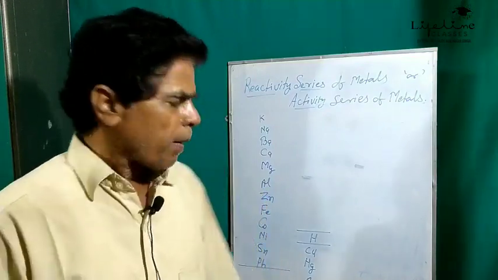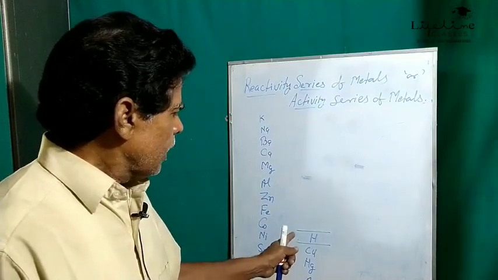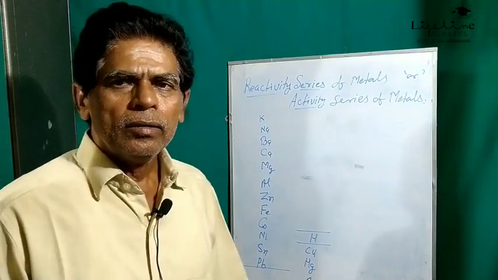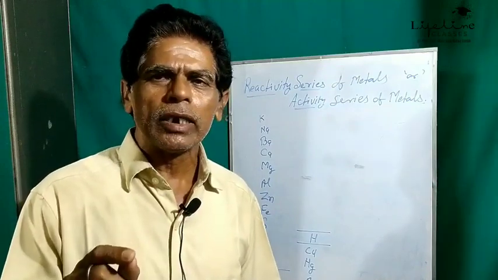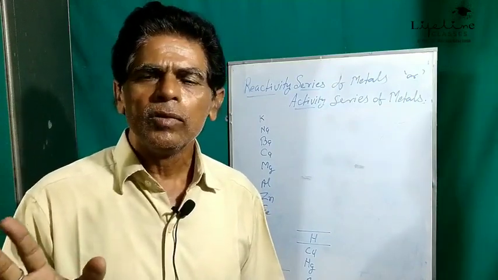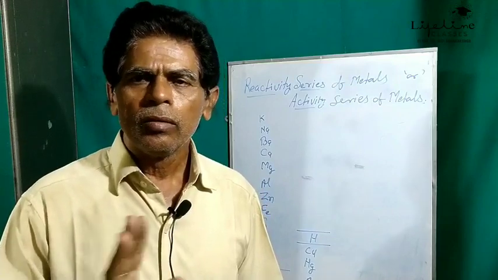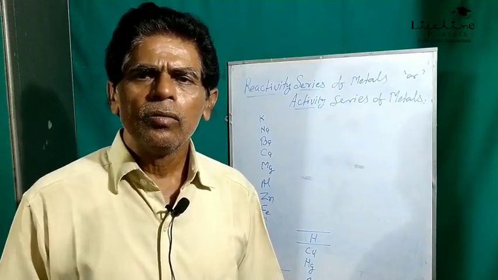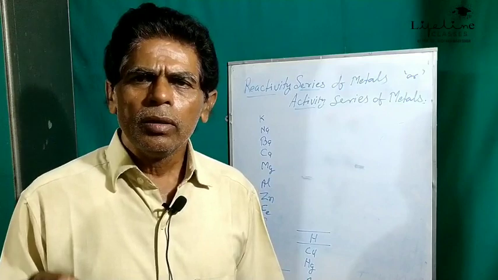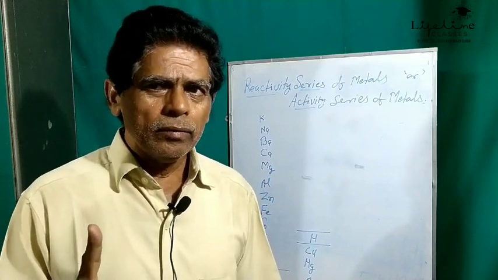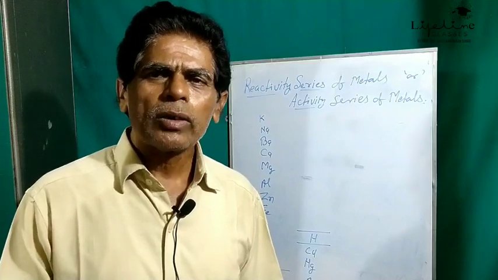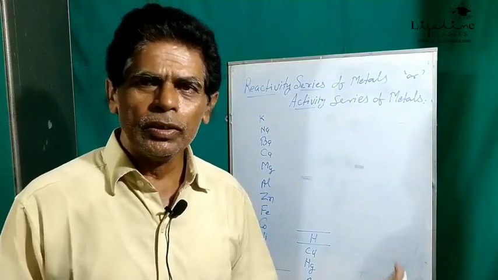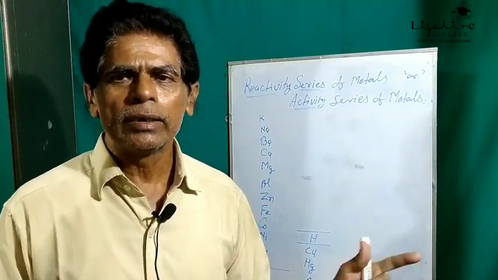For example, when copper turnings are added to dilute hydrochloric acid, no reaction takes place. Why? Because the copper atoms are not able to lose electrons in this dilute hydrochloric acid.